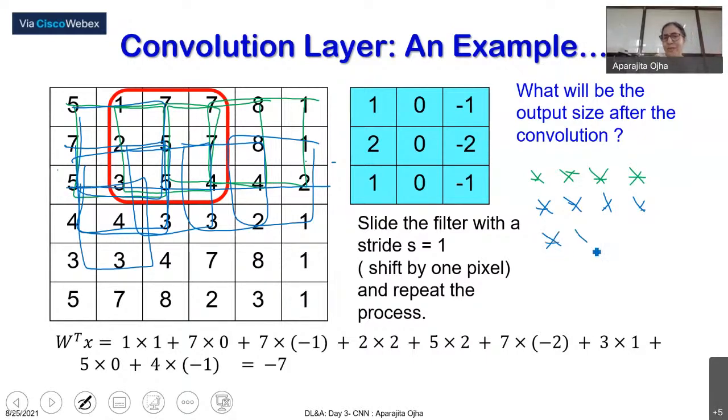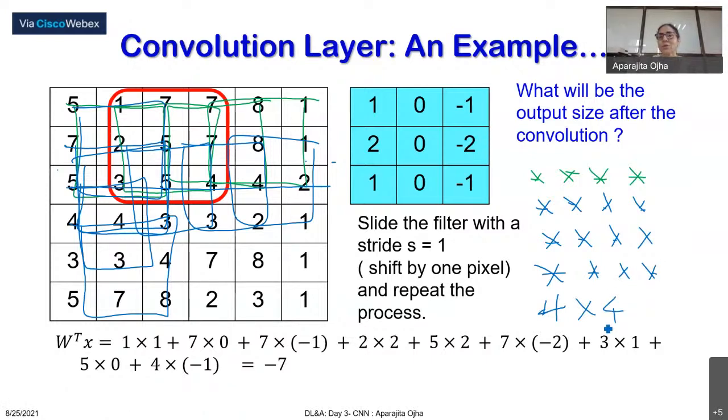Then you will further be sliding down and you'll be getting 4 outputs. Do you agree with me that the output will be a 4 cross 4 array? So many people are writing here. I hope you have understood this.